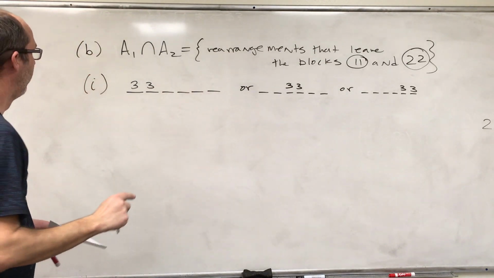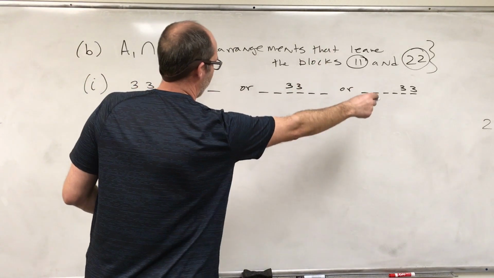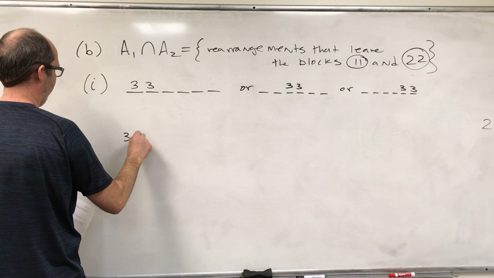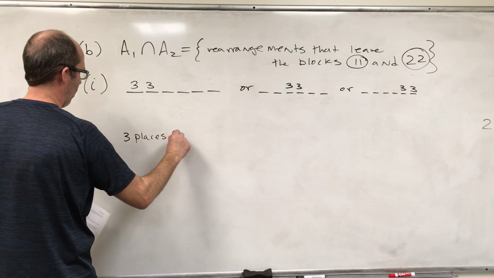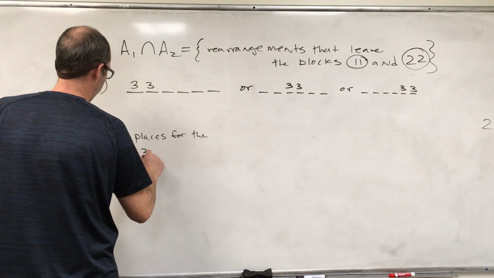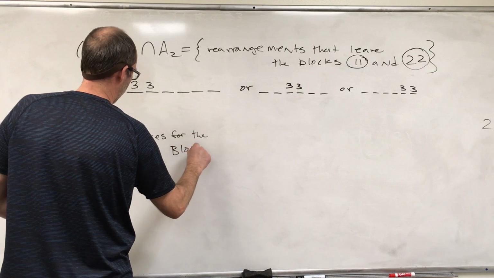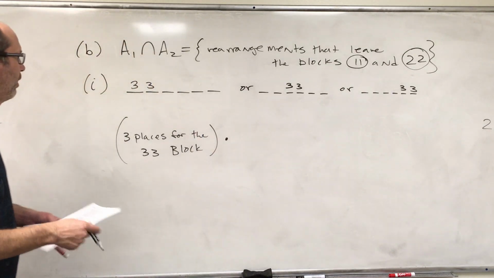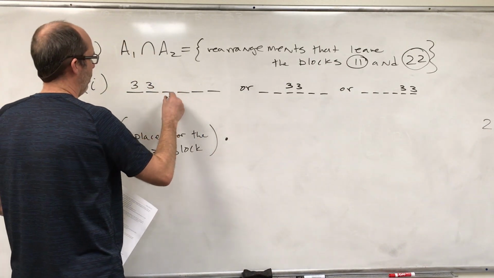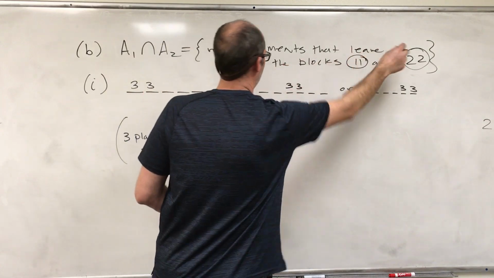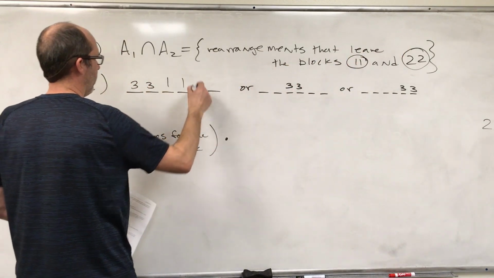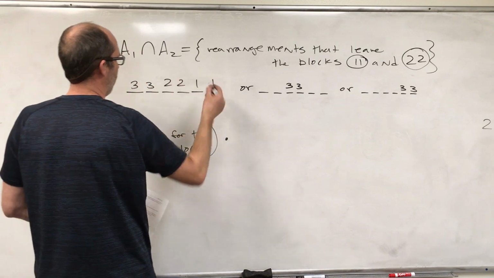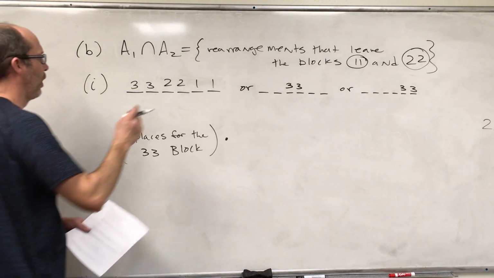So for each of these 3 places for the 3, 3 block, whichever we choose, because we're putting them in blocks together, we can either have 1, 1, 2, 2, or 2, 2, 1, 1. There's no other way for things to go.